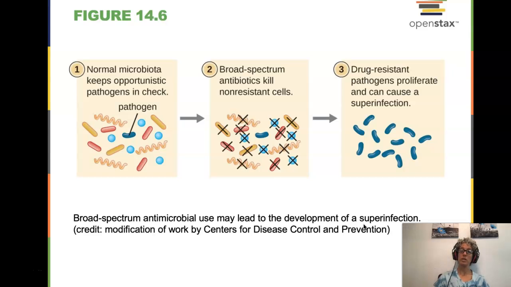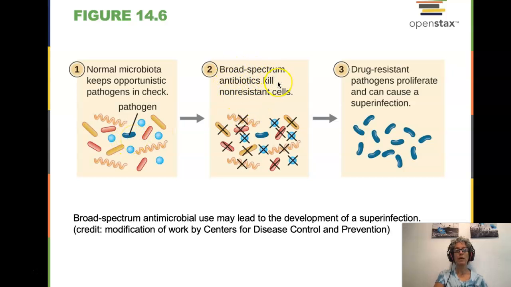This slide is showing us what can happen with the overuse of a broad spectrum antimicrobial. So we have a mixture of organisms, including things that are part of the normal microbiota, the normal flora, the normal biome, all those microbes that are supposed to be living in and on us. And we have a minority of the cells are this little blue-green pathogen.